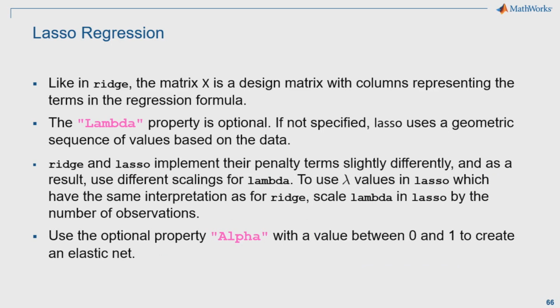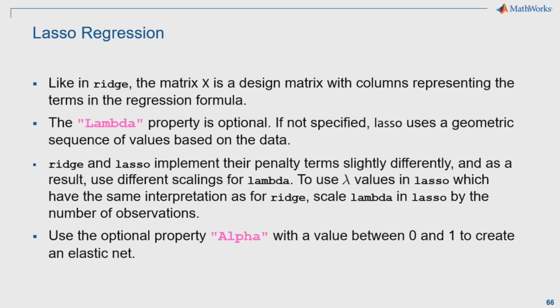Actually, the function lasso allows you to train also an elastic net regressor. You can specify the alpha parameter with a value between 0 and 1. And another thing that you have to know when using this function is that the lambda values that you give in the lasso regression function are not treated in the same way as the lambda values that are used in the ridge regression function.